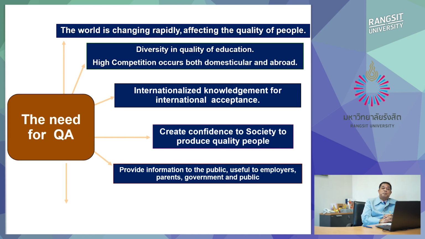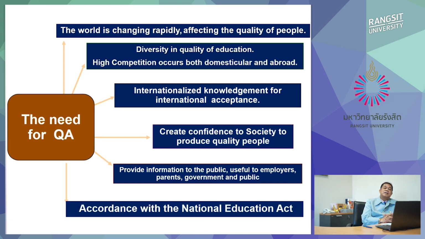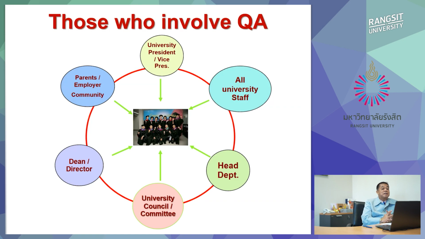Next, to provide information to the public, useful to employers, parents, government, and the public. And the last one, the need for QA is to be in line with the National Education Act.